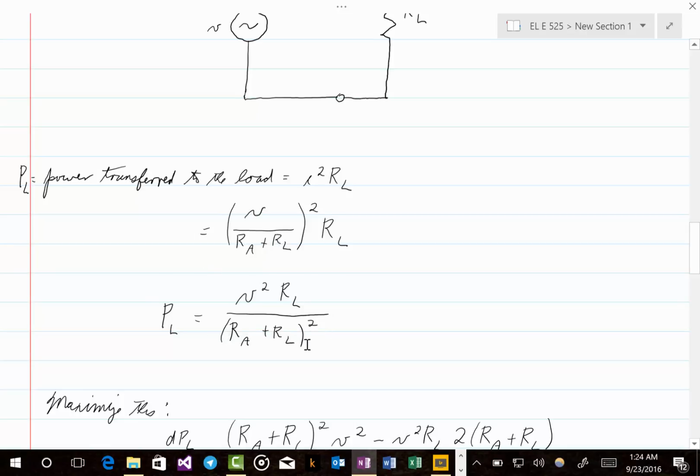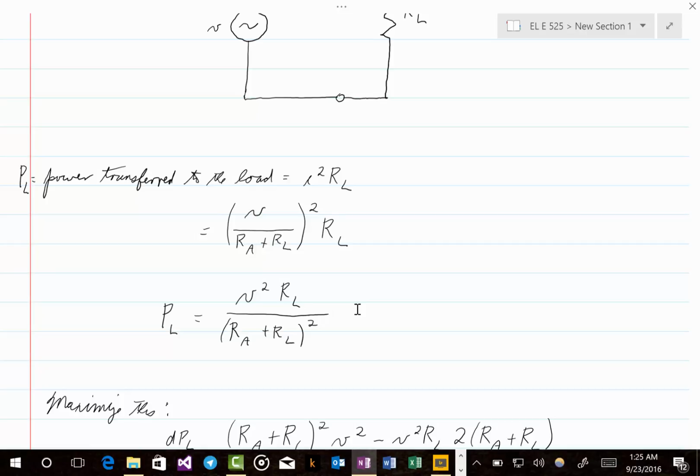And now that we have this expression for the power transferred to the load, we want to maximize the expression. And of course, the way we do this will be to calculate the derivative of it with respect to R sub L, because remember, R sub A is fixed, but R sub L is varying.